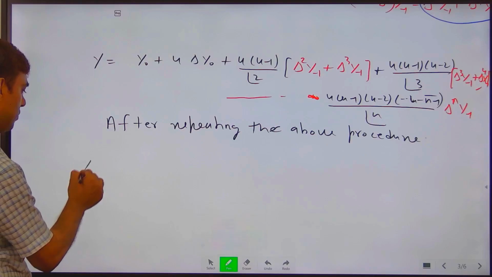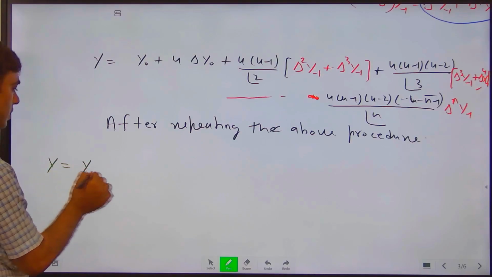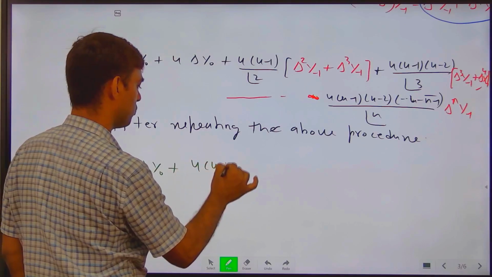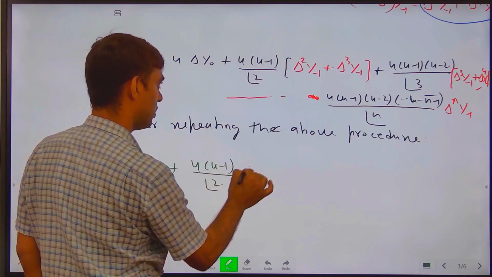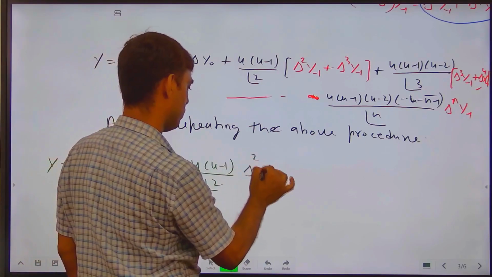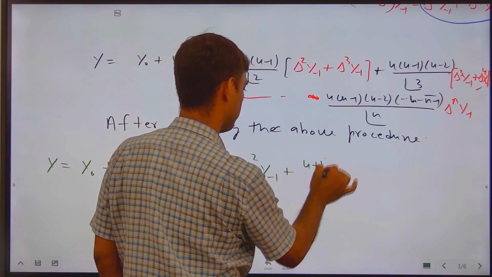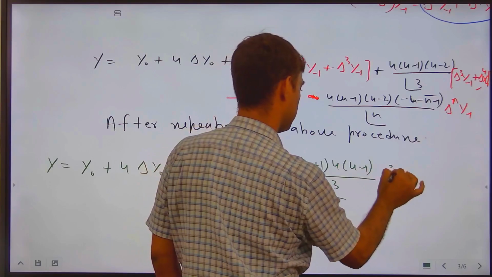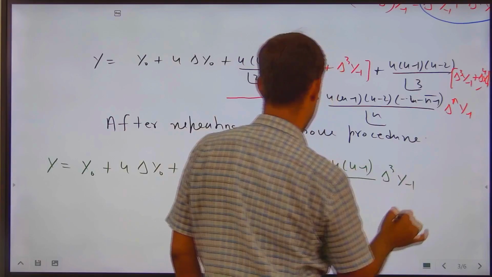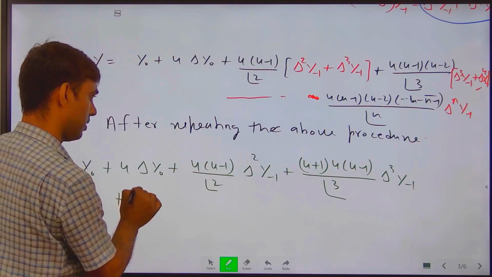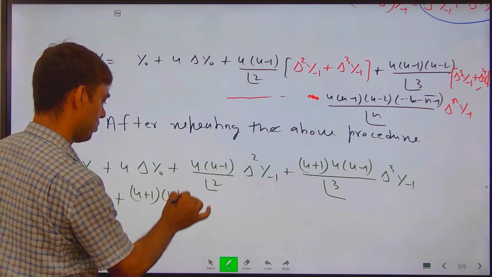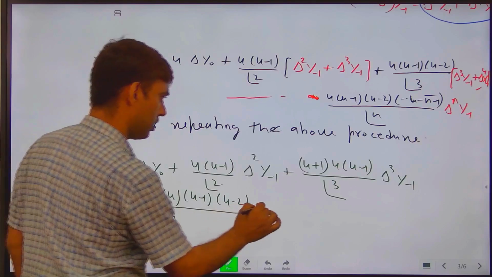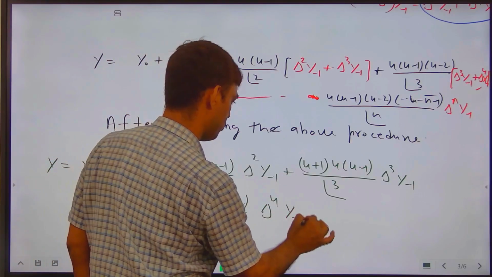So, what will happen here? y equals y0 plus u del y0 plus u minus 1 upon factorial 2 del 2 y minus 1 plus u plus 1, u minus 1 upon factorial 3 del 3 y minus 1 plus u plus 1, u minus 1, u minus 2 upon factorial 4 del 4 y minus 2 and so on.